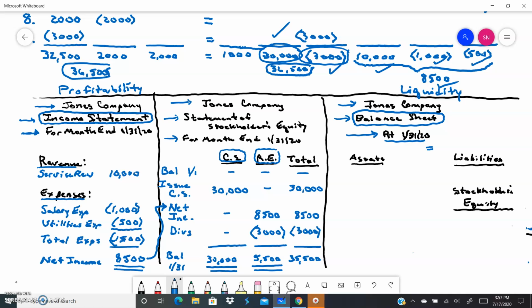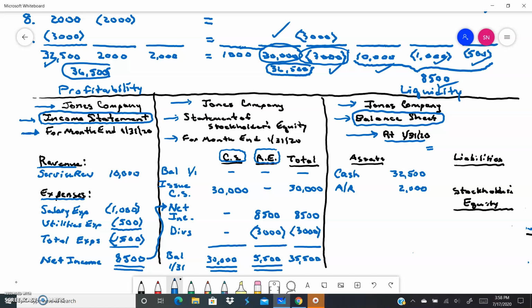The first asset is cash. And again, we're going to take these right off of our worksheet. So cash was $32,500. So that's that figure there. Accounts receivable, money that's owed to us, was $2,000. That's an asset, of course.